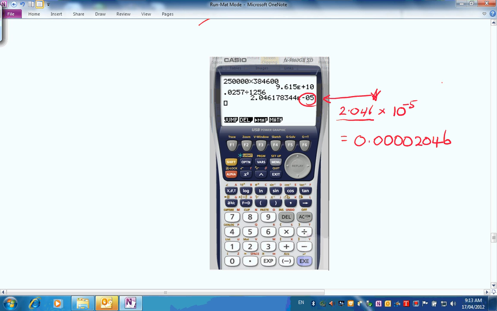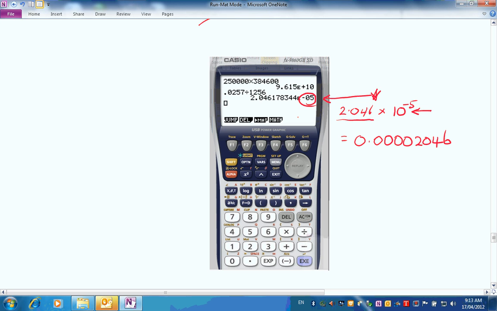So your answer, if you were to write it down, should be given in this form here, not in the E form that the calculator uses. Now, in calculations of this type, the math and linear setups are the same, so we won't go back and check out the linear setup.